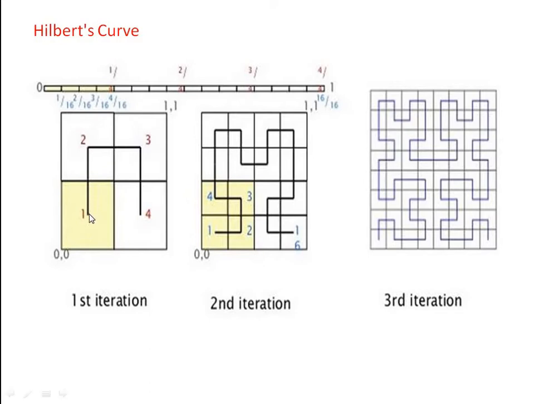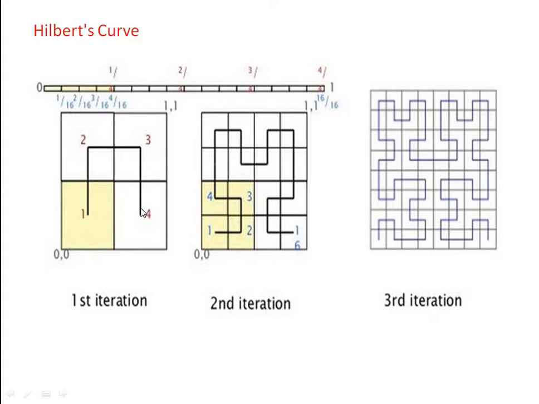First we start here. This is the first. Then we draw the second, that is the top left. After that we draw the curve to the right hand side, that is the top right, and then bottom right.